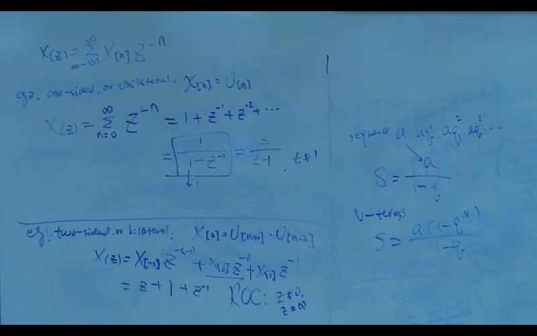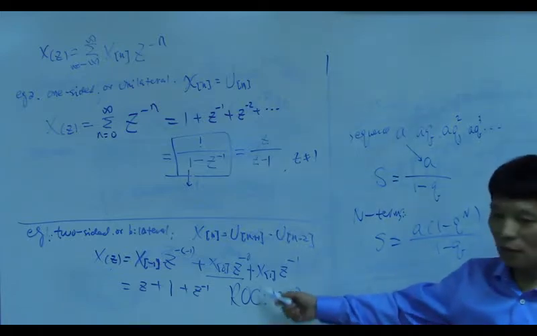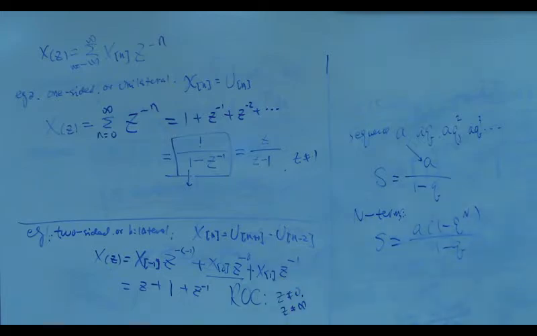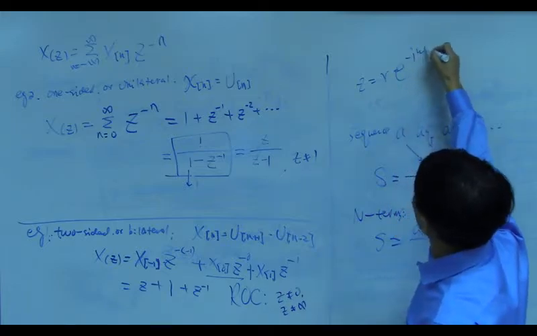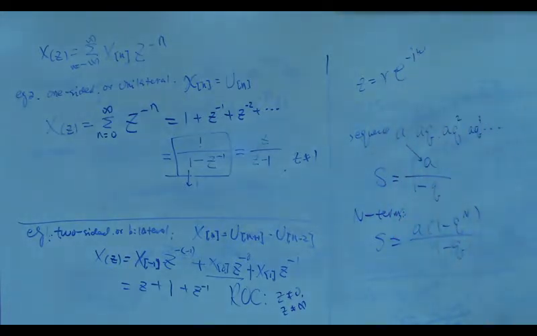So how about the region of convergence for this one? Remember, this one we use z, which means a polar system, complex numbers. So instead of half planes, we are going to use circles, because z is represented by z equals r times e to the negative j omega. So this one is polar, so we are going to use circles.